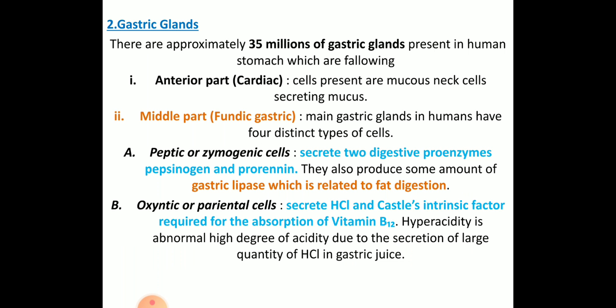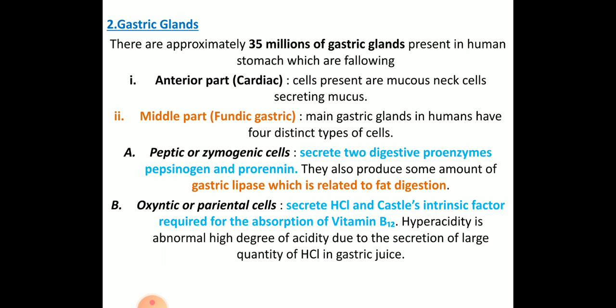Next comes the gastric gland, and the secretion is gastric juice. Gastric glands are mainly associated with the stomach. There are around 35 million gastric glands associated with the stomach, and there are different regions. The anterior part is called the cardiac region, and the middle portion is called the fundus or fundic region.